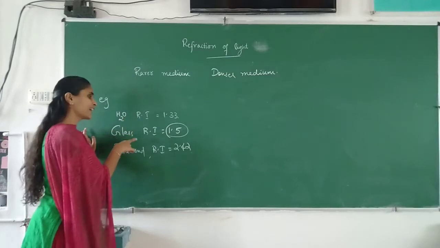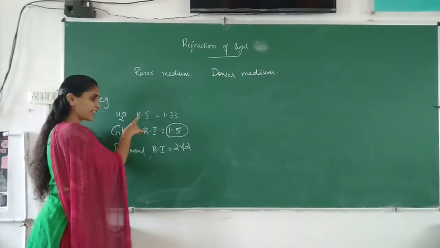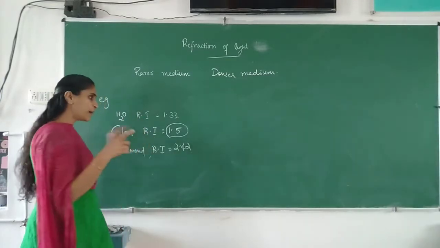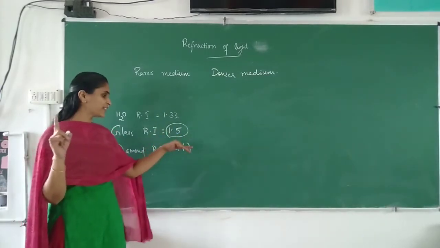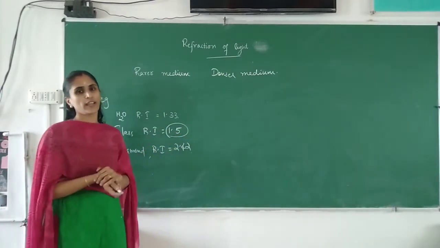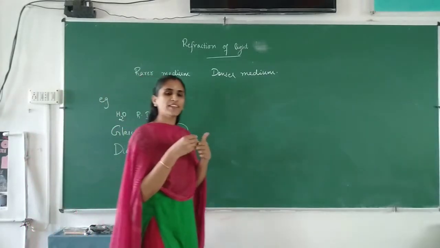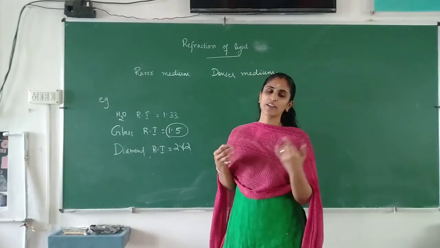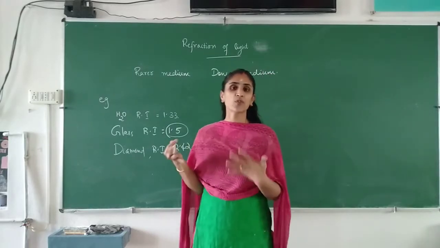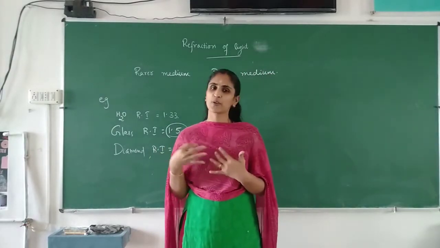So glass is optically denser than water, but optically rarer than diamond because its refractive index is less than diamond's. By comparing two only, we can say whether it is optically denser or rarer. If only one is given, we cannot say.